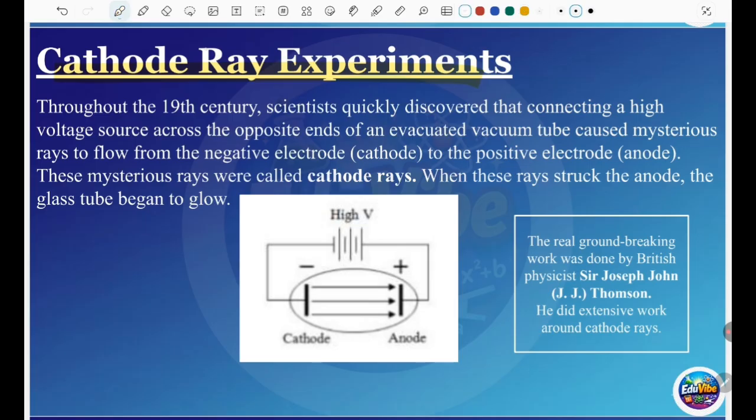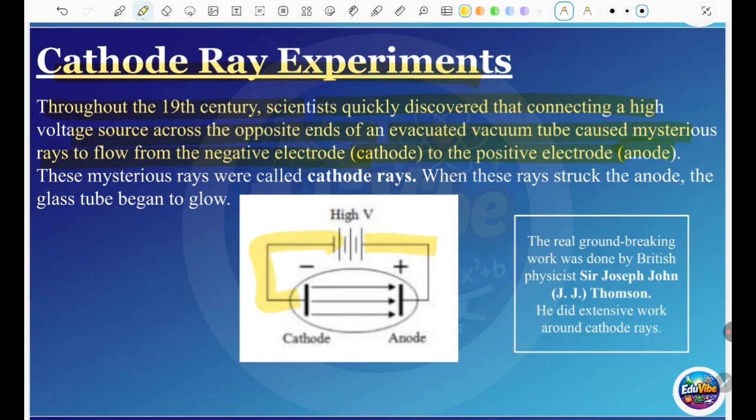Throughout the 19th century, scientists discovered that connecting a high voltage source across the opposite ends of a vacuum tube caused mysterious rays to flow from a negative electrode, the cathode, to a positive electrode, the anode.